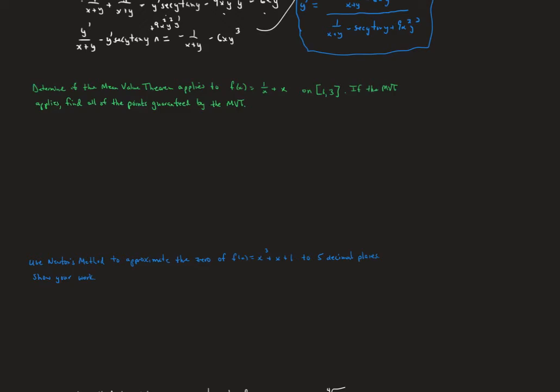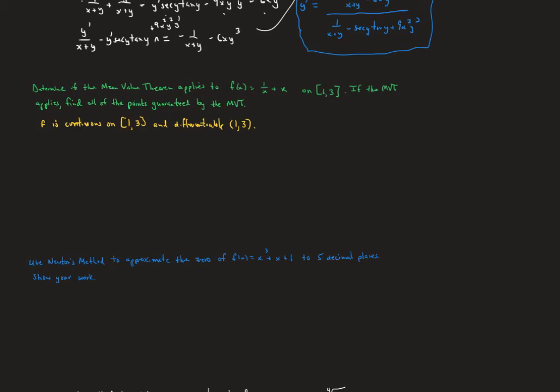So the conditions for the mean value theorem is that f is continuous on our closed interval from 1 to 3, and it must be differentiable on the open interval 1 to 3, which it is.